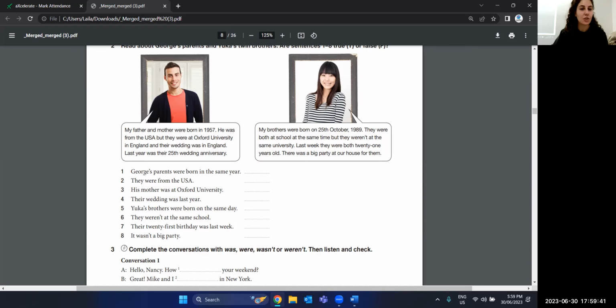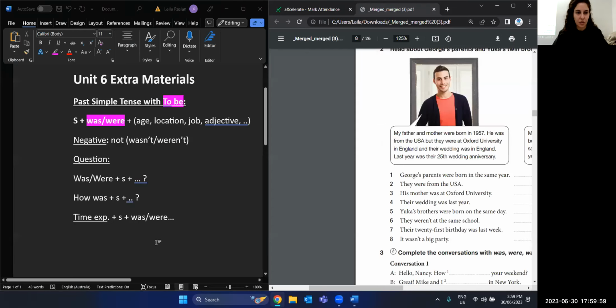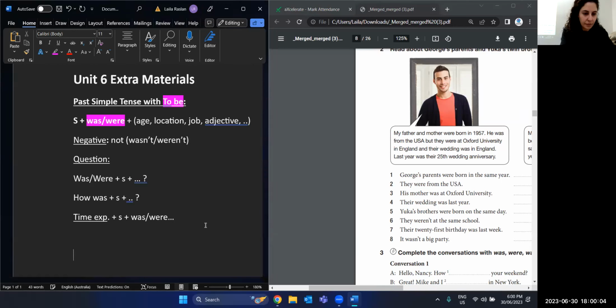Okay. So George's parents were born in the same year. True or false? True. In 1957. So true.